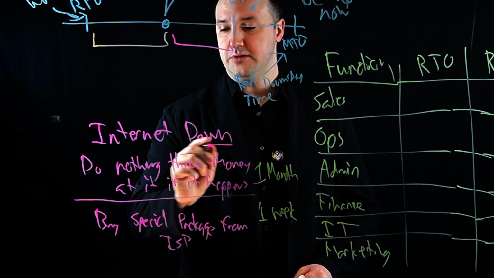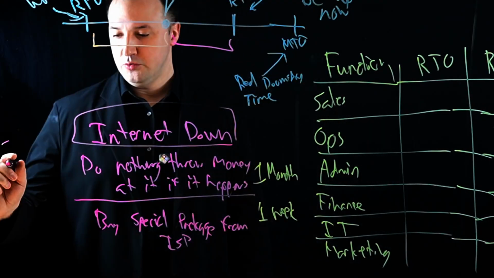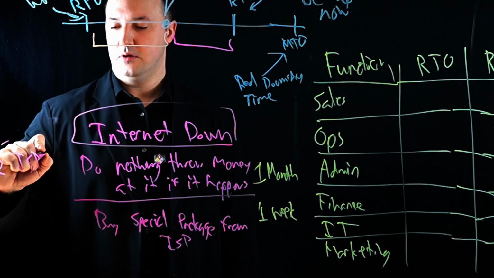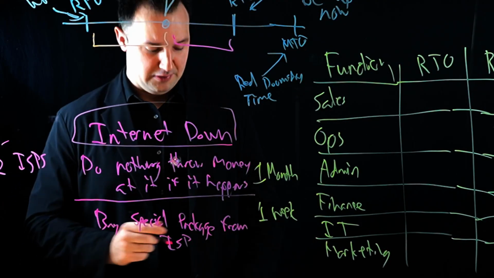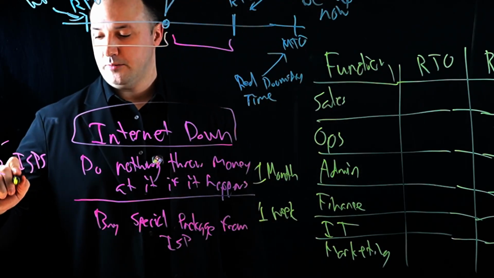Okay, so our problem is internet down. If you want to be back up within the hour, you could have 2 ISPs. You could have 2 internets. And so you're doubling your internet cost potentially. You'd probably be back up within 1 hour.